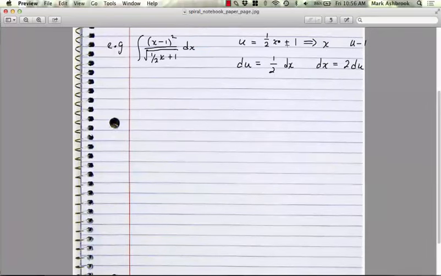And after we subtract 1, we multiply by 2. Subtract 1, multiply by 2, and that's what x will be. So that's 2u minus 2.